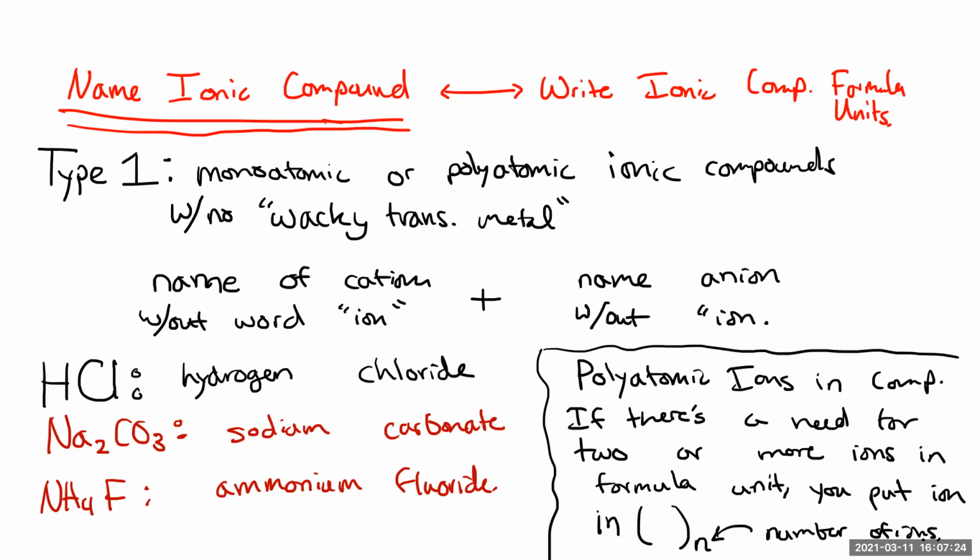Now, that does not affect the name. Subscripts for ionic compounds are not mentioned in the name. You ignore subscripts, numbers of ions, numbers of that element in ionic compounds.